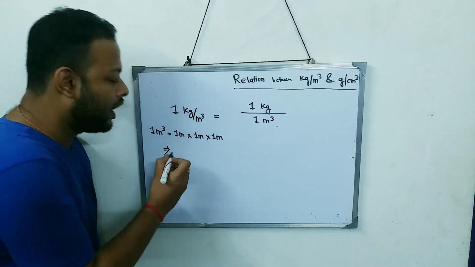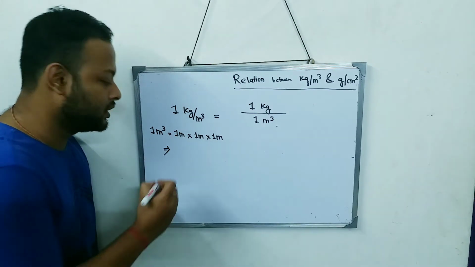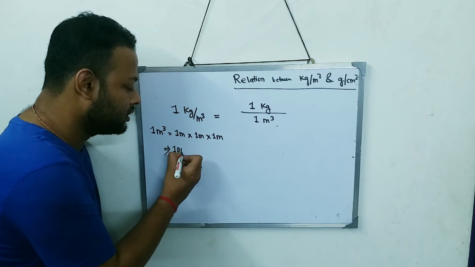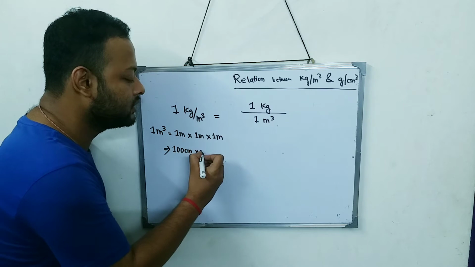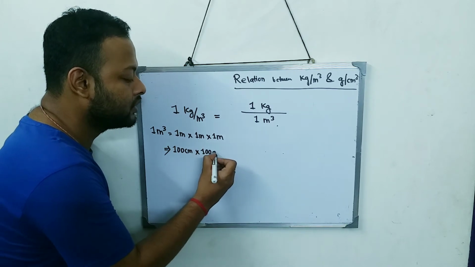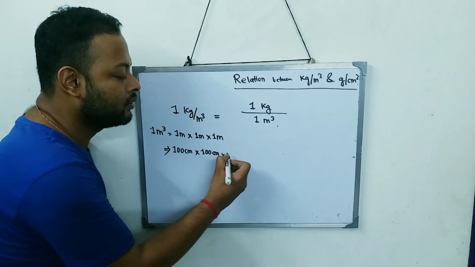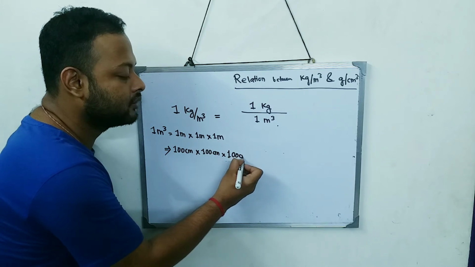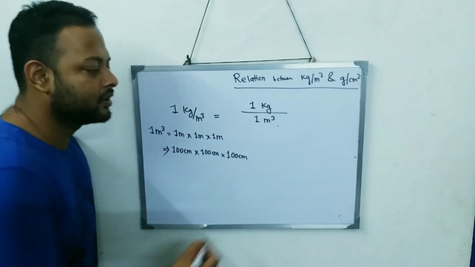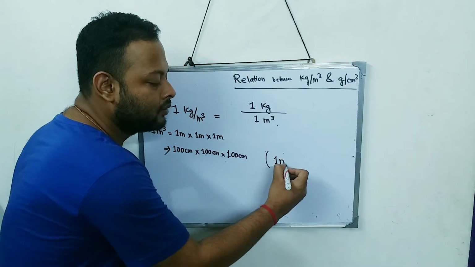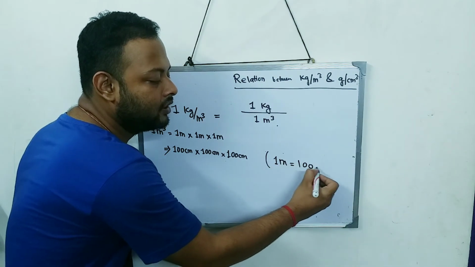Now, how much is 1 meter in centimeter? 1 meter is 100 centimeter. Similarly, 1 meter is 100 centimeter, and again 1 meter is 100 centimeter. Clear?